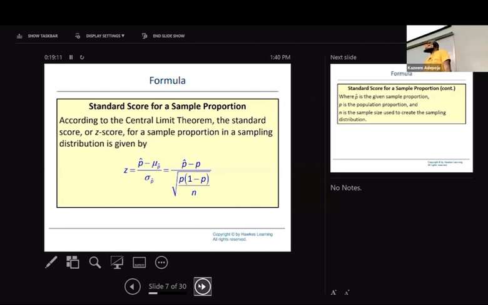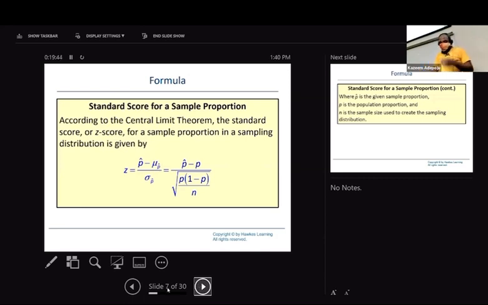If that doesn't hold, then you can't make use of a z-score. But the only way to investigate this is what we've done before. The product of n and p has to be at least 5, and the product of n and 1 minus p has to be at least 5. The moment that condition is met, then we can actually apply a z-score for proportion.